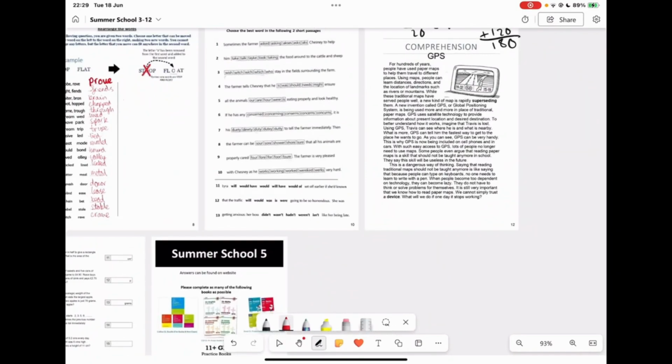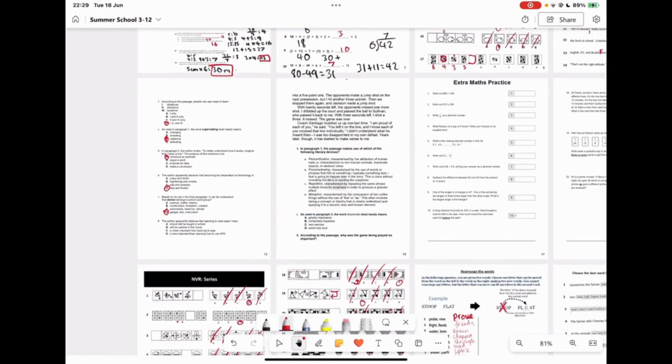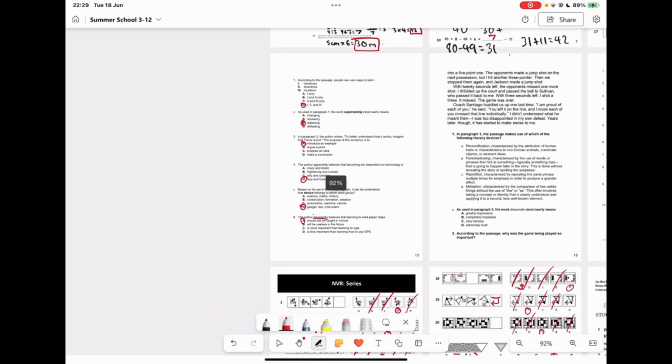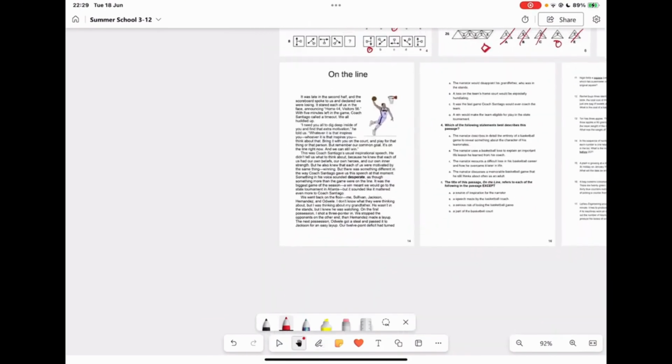It is still very important that we know how to read them. So what we can see from that is that the answer would be, well, not quite B, not C, but it would be A, because it says that apparently, so we're inferring. Then page 14 is here.